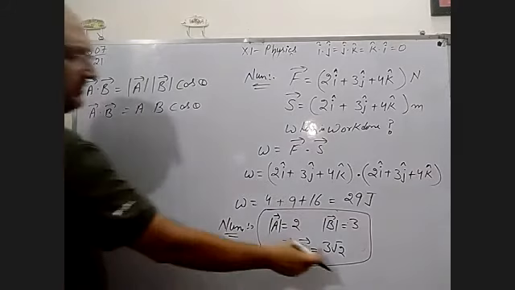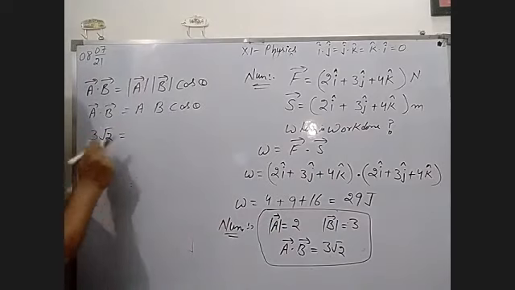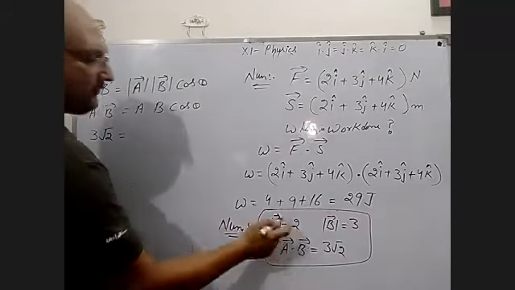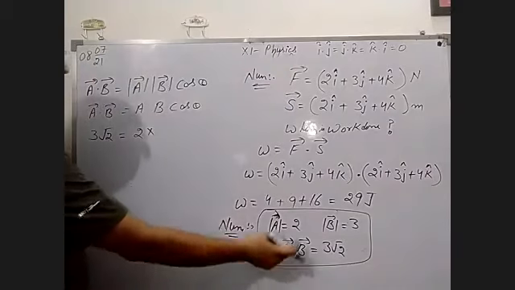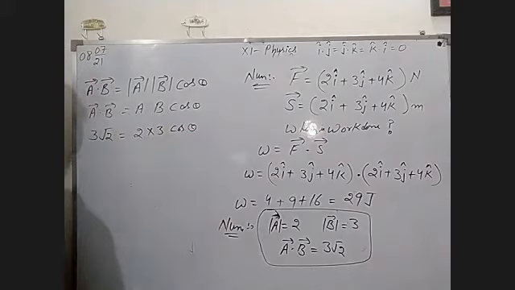A dot B is given, 3 root 2. A is the magnitude of vector A, which is given as 2. Magnitude of vector B is given as 3. Cos theta. Theta is the value which you have to calculate.